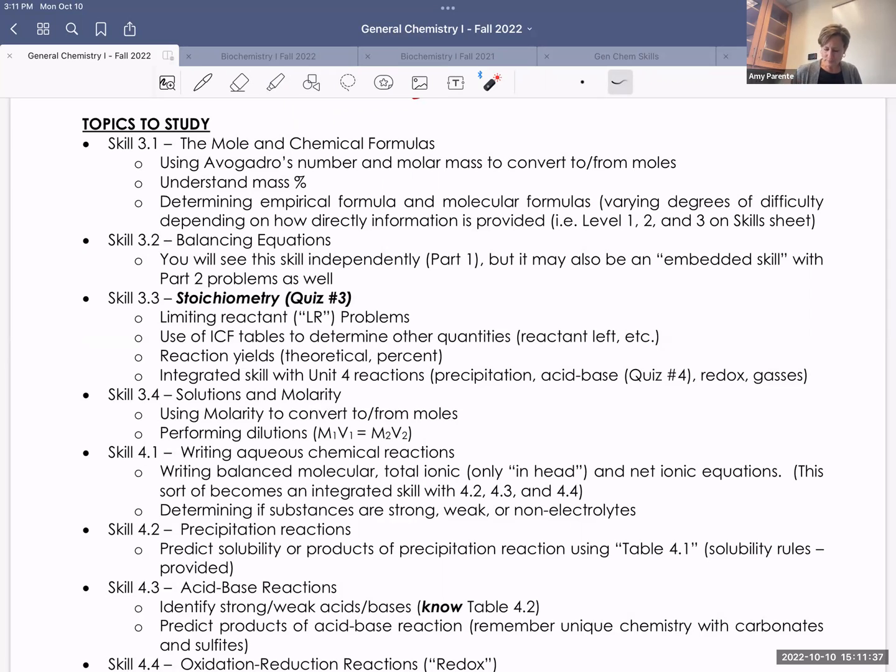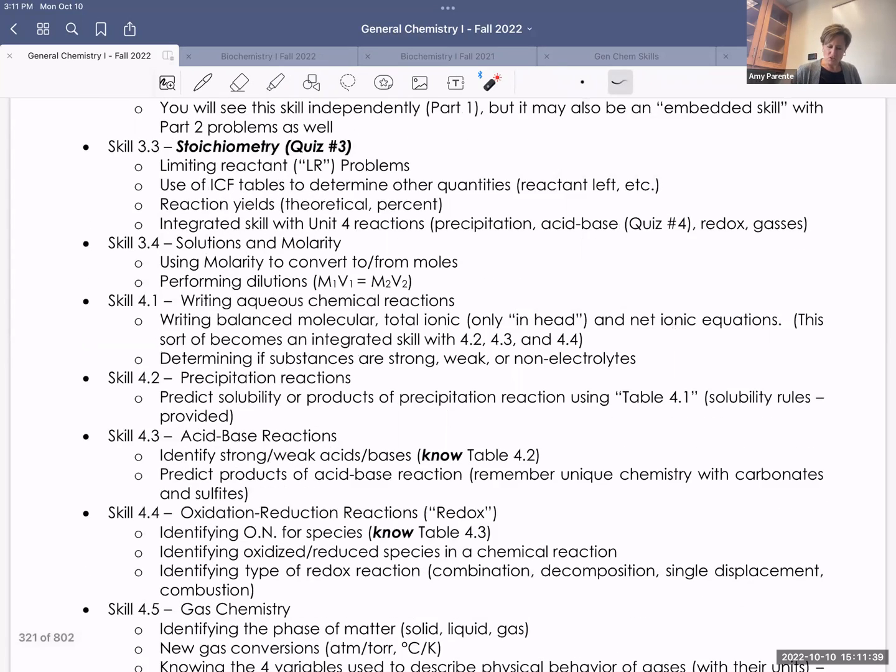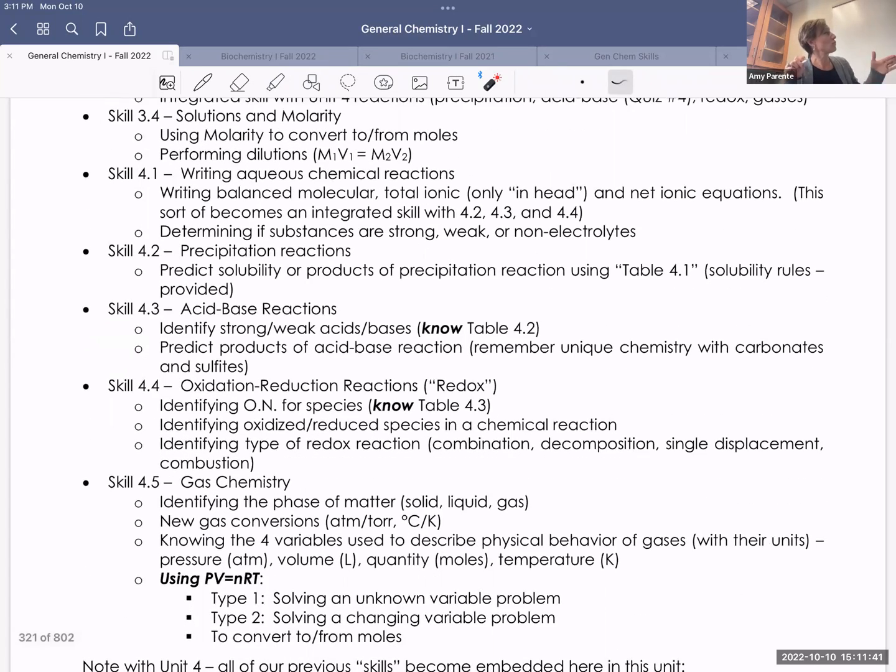No? All right, so we've just finished unit 4, which had 5 skills in it. The first 4 used to come together as their own piece, and then gas chemistry used to be separate, but we took some of the base level concepts with gas chemistry in PV equals nRT, and we kept it here.